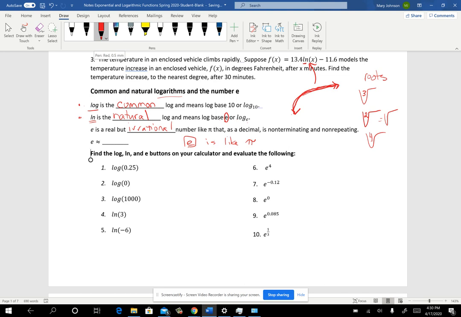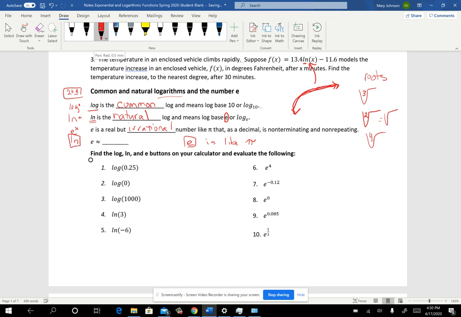And these buttons on your calculator. Do you see where the log button is on your calculator? Mine's kind of under the second function key. There's a little second function key sitting on my calculator, and then log is right below it, and below that one is ln. If you look above the ln button, on my calculator right above it as a second function key is e to the x.